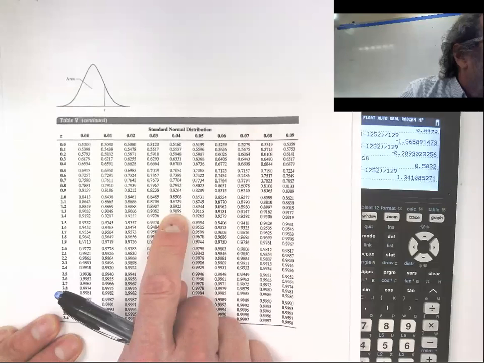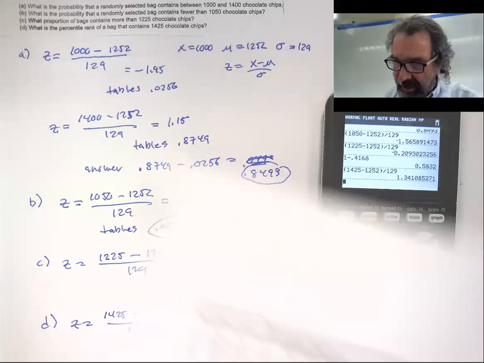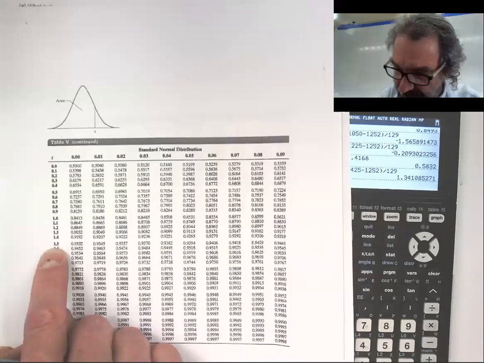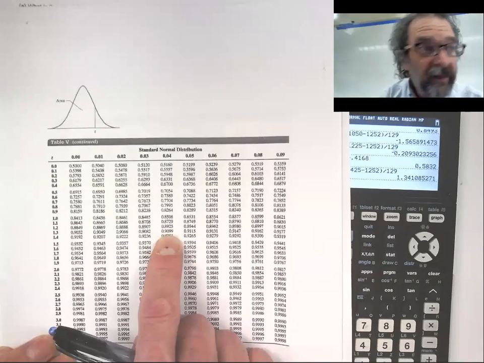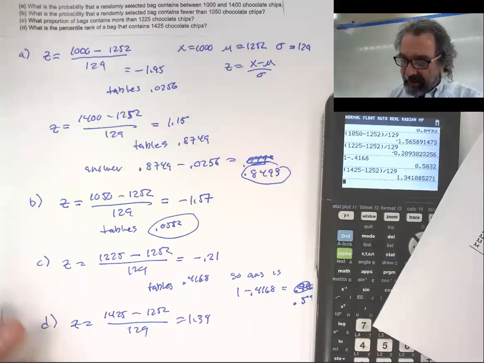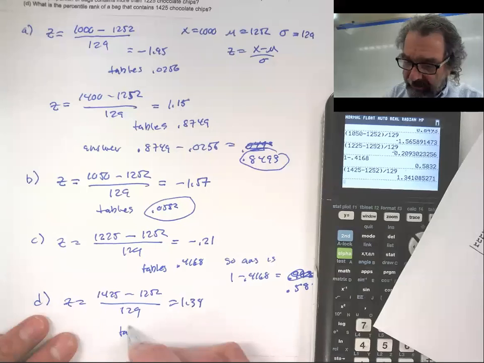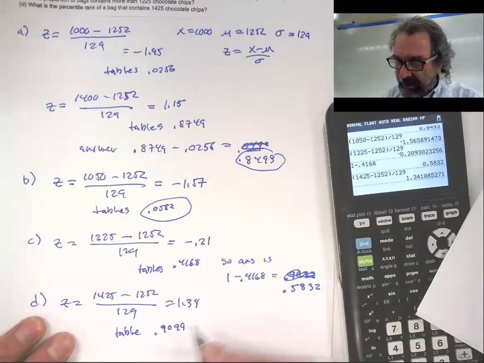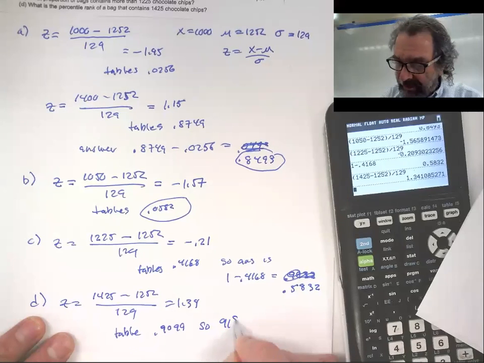Really? Did I get that? 1.34. It looks like the 91st percentile. The tables give 0.9099. And so we say the 91st percentile, rounding it up.